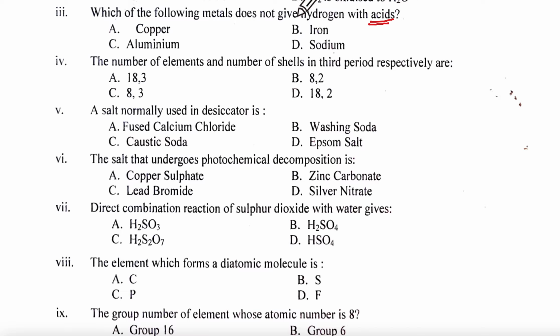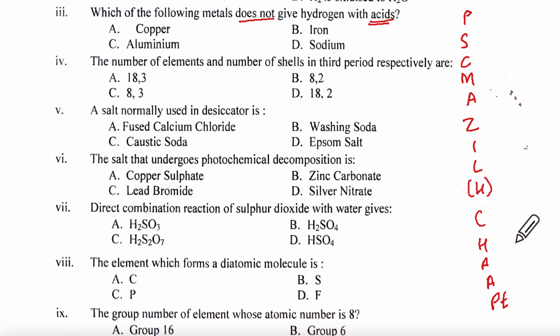Now, which of the following metals do not give hydrogen with acid? Now, with acid not giving hydrogen, you will have your activity series, the metal activity series: P, S, C, M, A, Z, I, L, then H, and so on. If the acid has H, all these above can liberate hydrogen except lead, because lead will give PbCl2 or PbSO4 with HCl and H2SO4, which forms an insoluble coating.